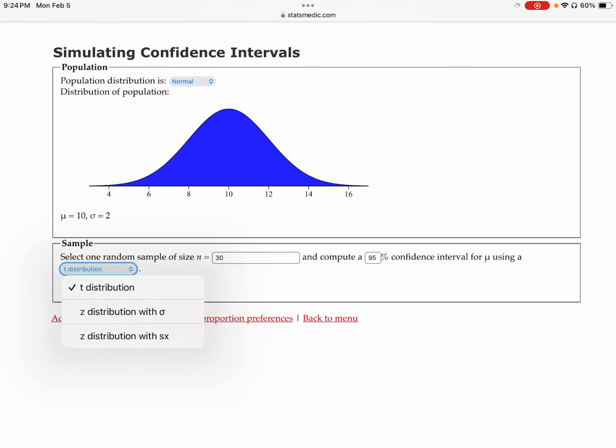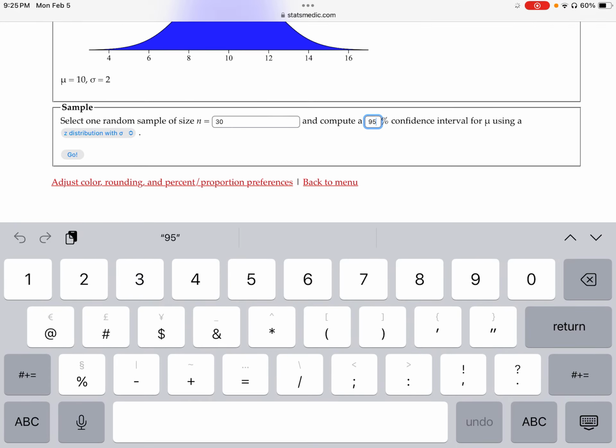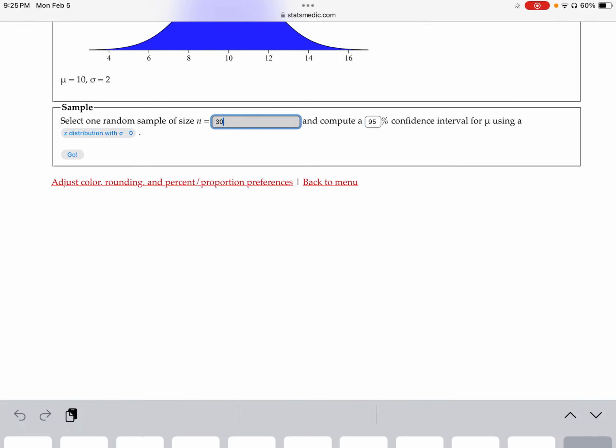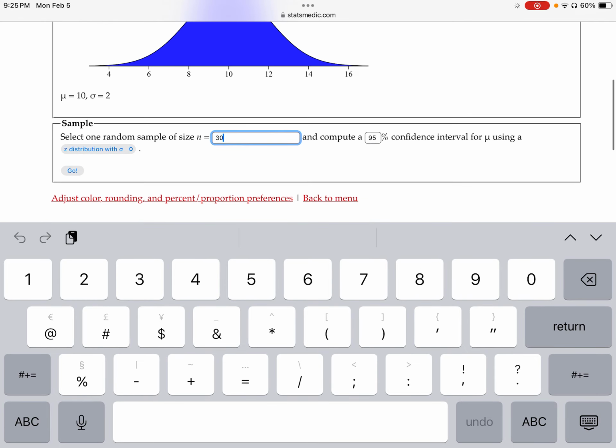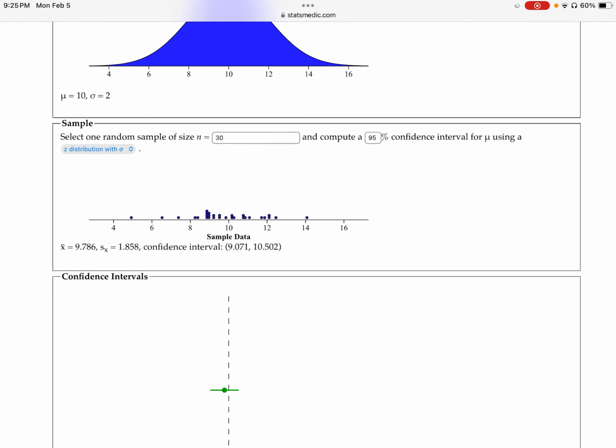We'll get into the weeds about these three things as the year goes on, but for now you could say Z distribution with sigma, because that's what we're familiar with. And again, I could change the percentage to anything I wanted, and I could change the sample size to anything I wanted. Let's just leave it here for now and hit go.